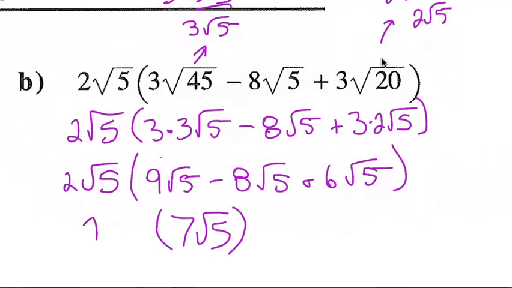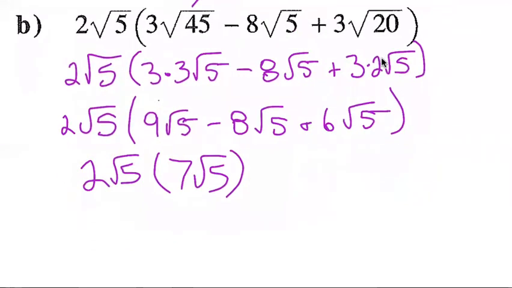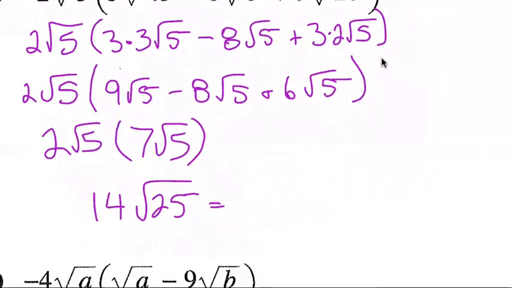And now I can simply multiply by my 2 square root 5 on the outside. 2 times 7 is 14. 5 times 5 is square root 25. Well, the square root of 25 is 5. 14 times 5 is equal to 70.